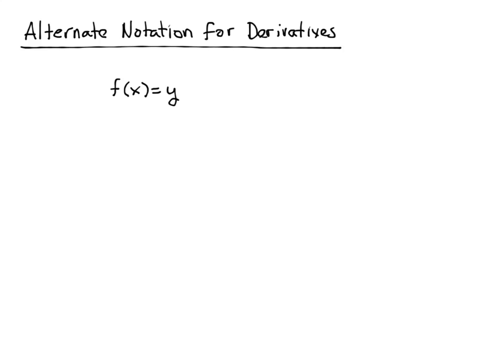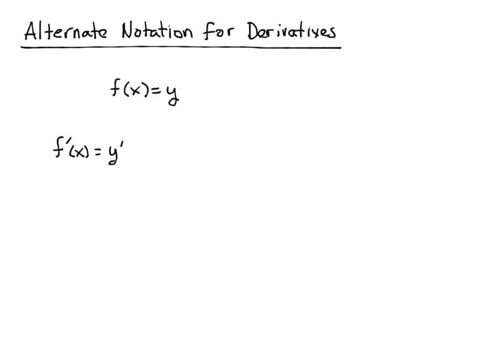He was one of the inventors of calculus. Another inventor was a German by the name of Leibniz. And depending on whether you're British or German, you will say either Newton or Leibniz invented calculus. And in reality, they both did at the same time. And they both came up with slightly different notation. Both of the notations are useful.